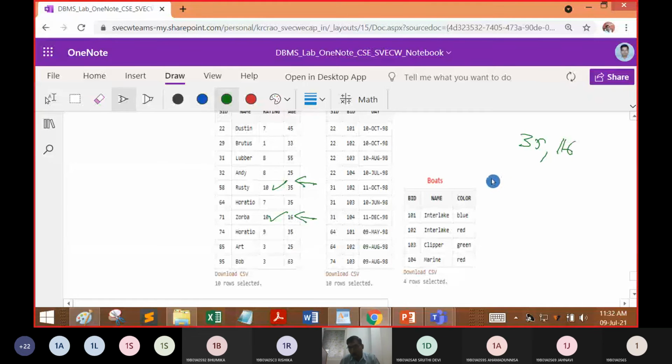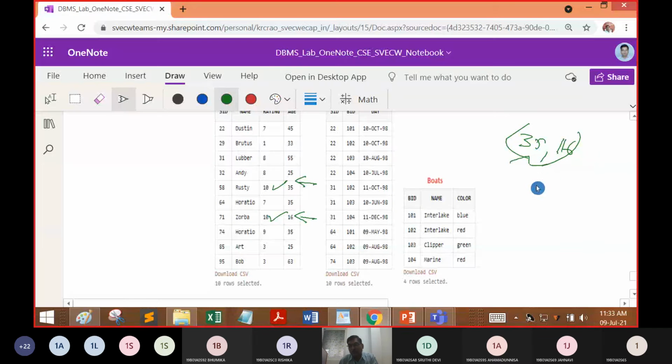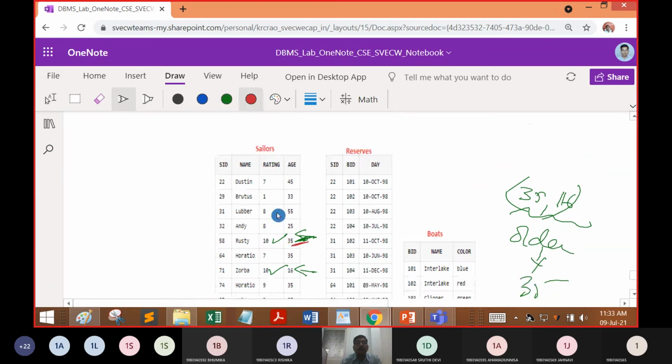Now what was the question? Find the names of the sailors who are older than the sailors with a rating of 10. In 35 and 16, who is older? 35 is older. What is 35's rating? 10. Okay. So now I should get the sailors who are aged greater than 35. That means whom can I expect?